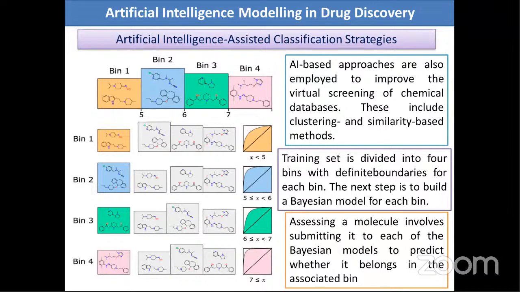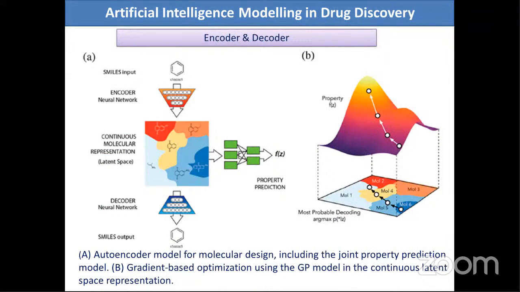First the artificial intelligence identifies the particular type of structure which is basically required in the form of bin 1, bin 2, bin 3, bin 4, or you can increase the bins also. And according to that, it splits out all the database and makes a list of the molecules which come under bin 1, bin 2, bin 3, and bin 4. In this way it can easily classify the data. So this is the particular role of artificial intelligence.